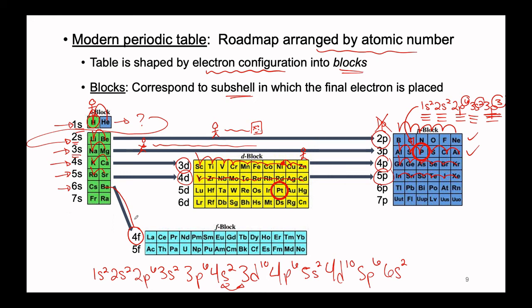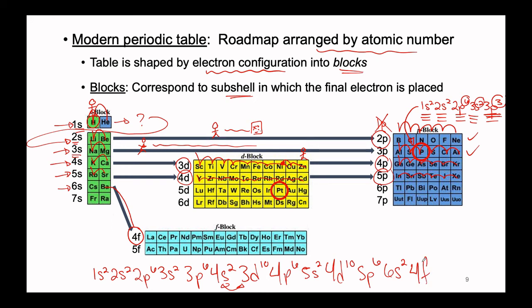All right, if we place the f block back into the periodic table where it's supposed to be, we can see that the 4f orbital follows after the 6s. Why 4f? Why not 5f? Why not 3f? Why not 6f?